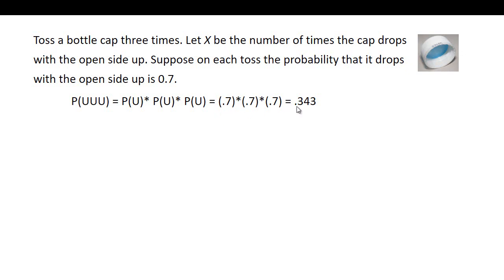If you multiply them you get 0.343. So that's the probability that in all 3 tosses the open side will be up.